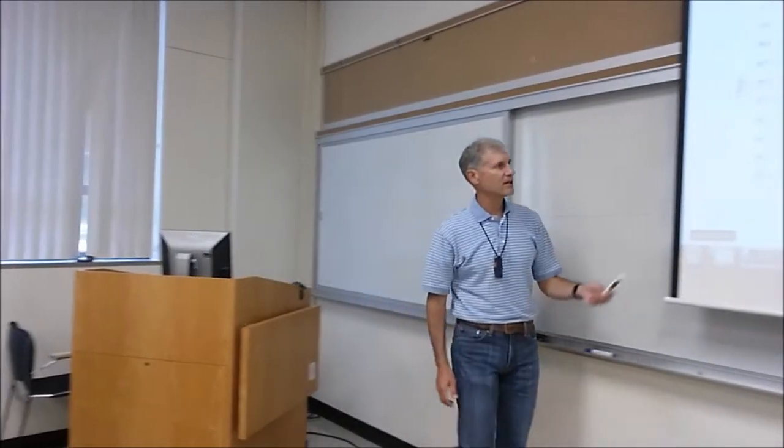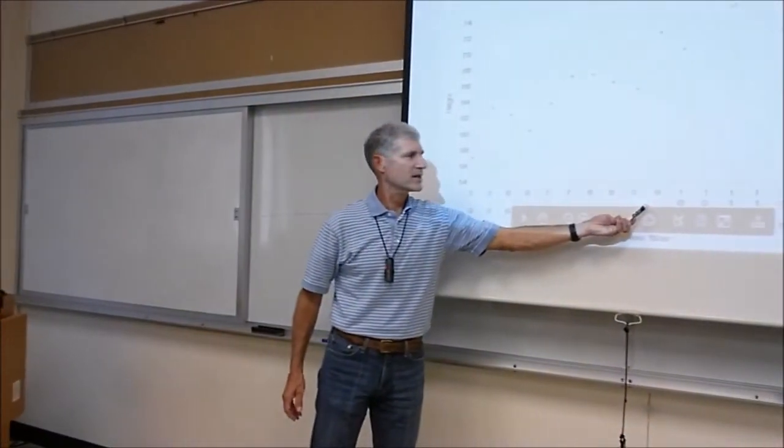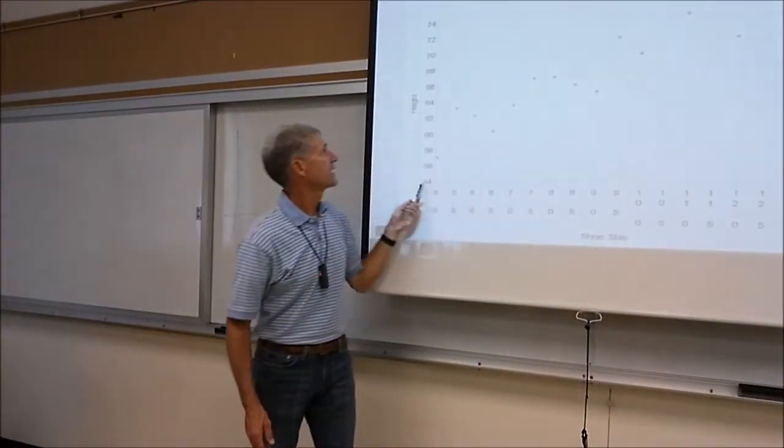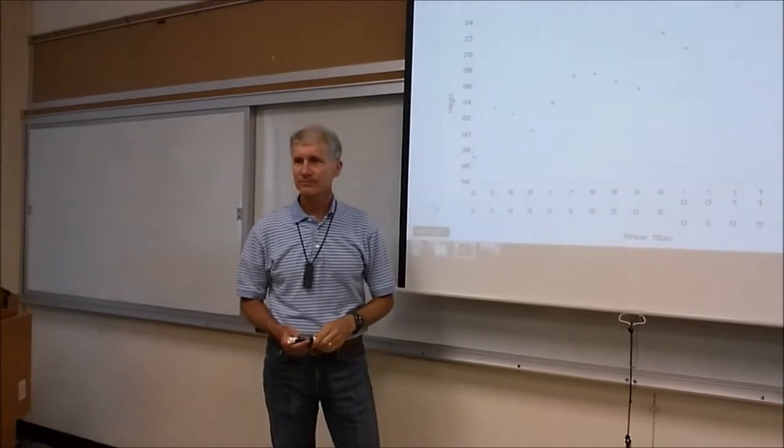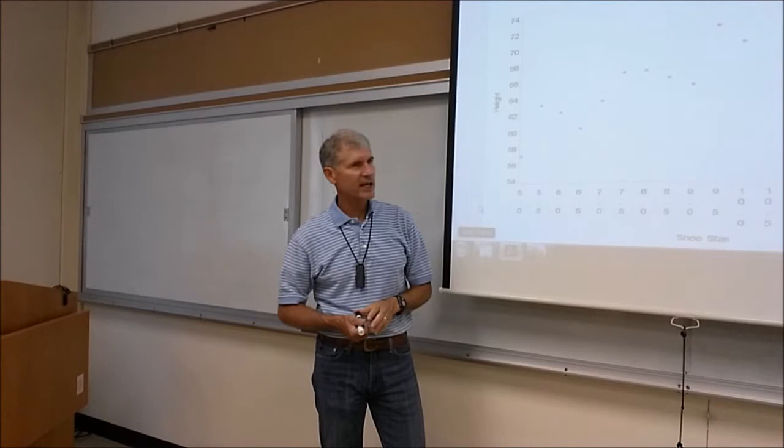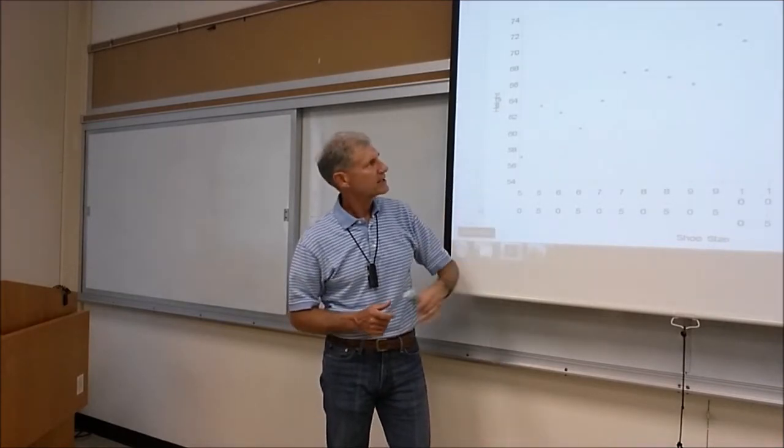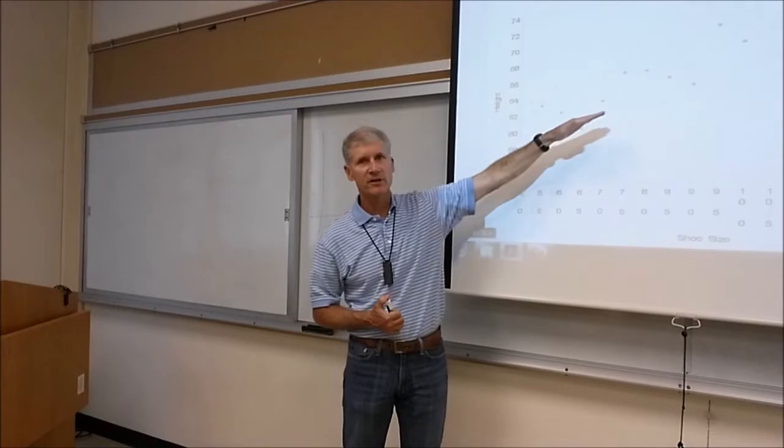This is data on shoe size as the x variable and height as the y variable. Now when you look at that, do what I call the eyeball test. You're just looking at it and deciding, is there some kind of a relationship here? Positive. Looks like a positive linear relationship.